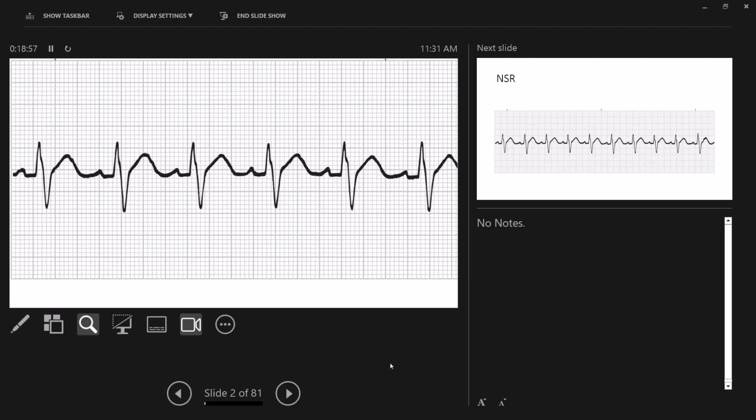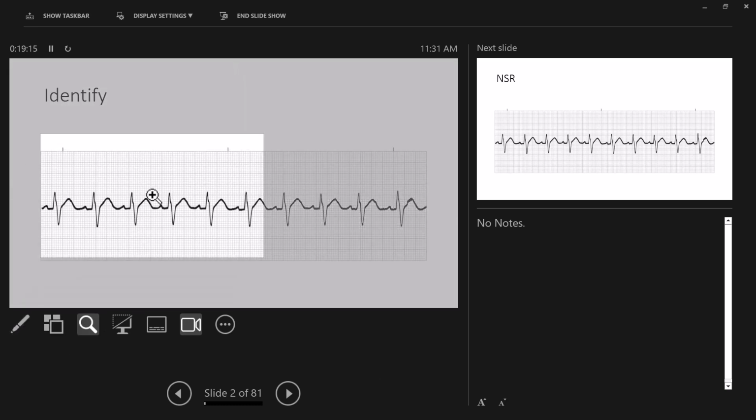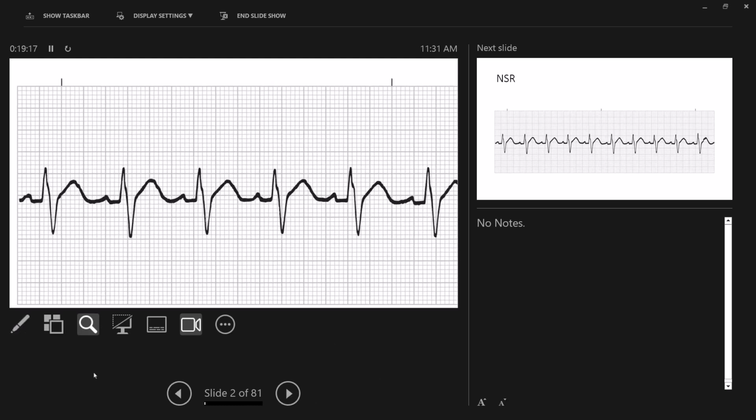Okay. So the PR interval does look normal. Does every P wave have a QRS? Yes. Does every QRS have a P wave? Yes. All right. And what do you notice about the width of the QRS complex?